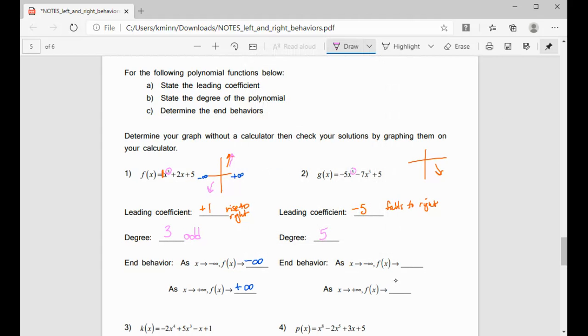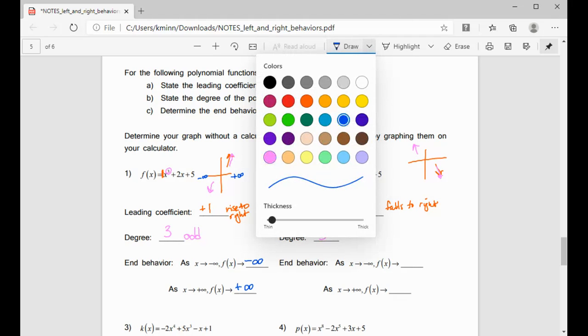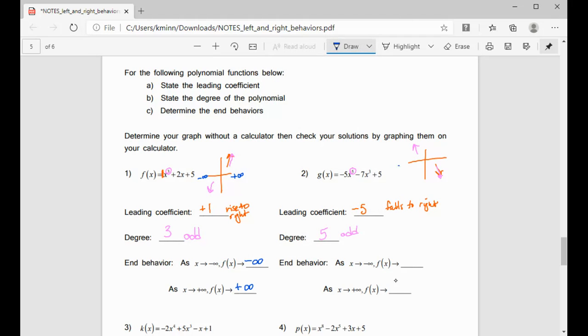There's our highest exponent. It is 5, which makes it odd. So we have opposite behaviors. Down on the right means we're going to go up on the left. So as x goes to negative infinity, which is here on the left, this is going to positive infinity. As x goes to positive infinity on the right, it is going down to negative infinity.